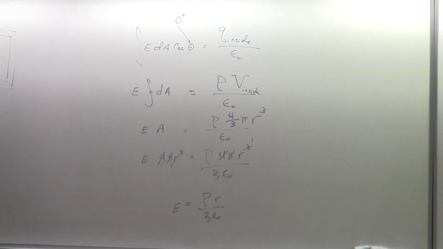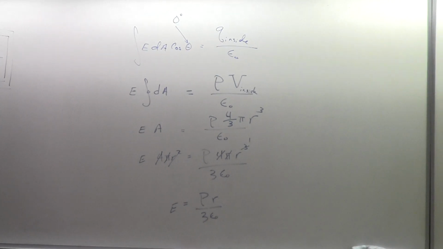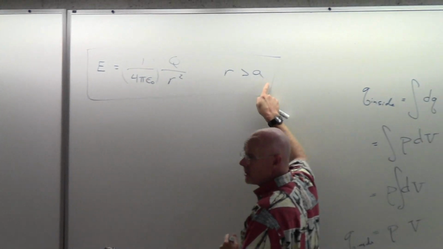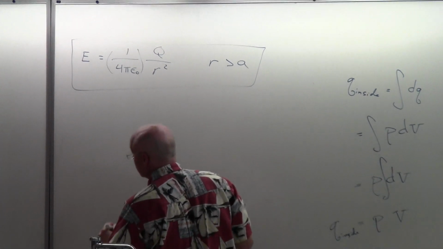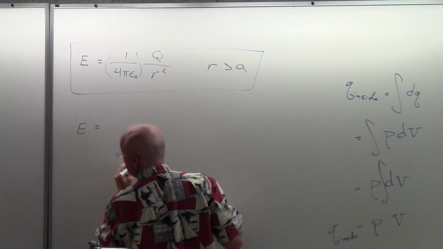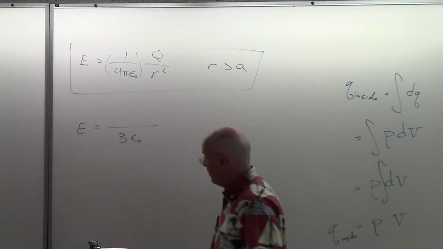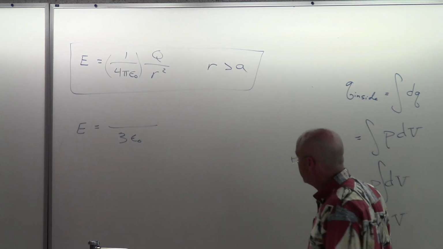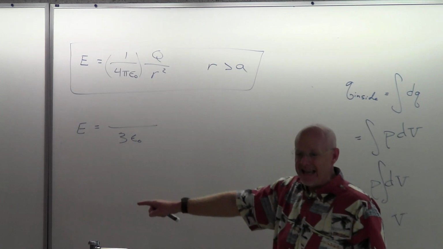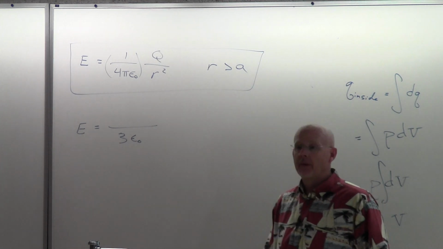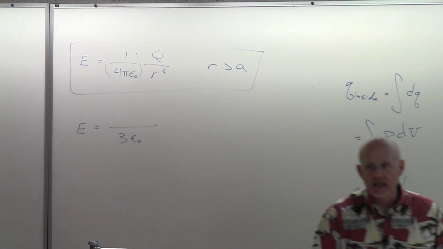I'll leave this one here because I want to see how these two compare. But that was the equation we got for outside the ball. And so I'll go E equals, and I got the denominator. I'll leave that alone for just a second. But I got the density. Okay. How can I replace the density with the things that are given in this problem?